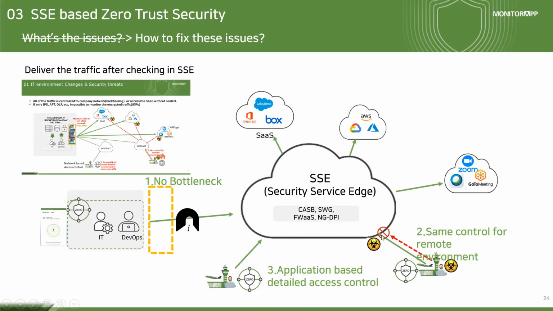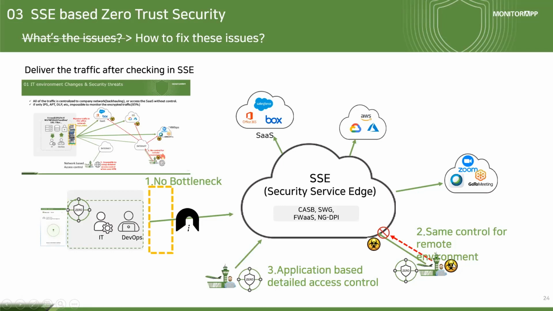And the second one was no control over access to SaaS or public cloud from the remote environment. But if we install the ZTNA agent on all of the users' devices, then all traffic goes through the SSE platform. So we can expect the same control for the remote environment as well.